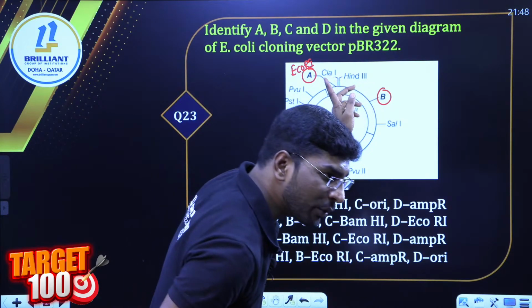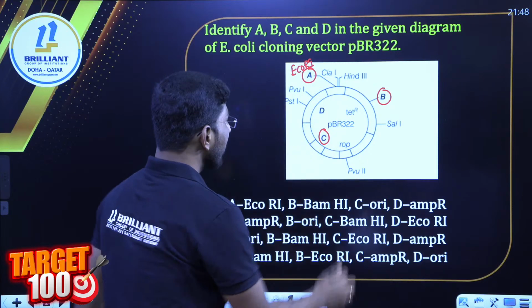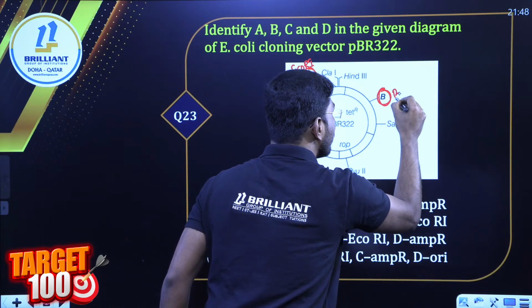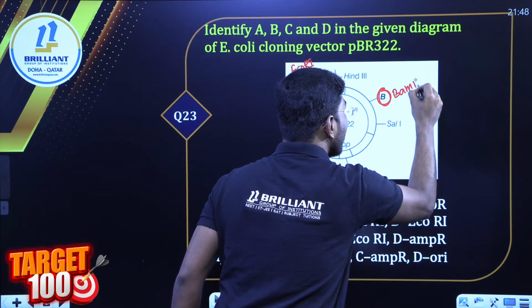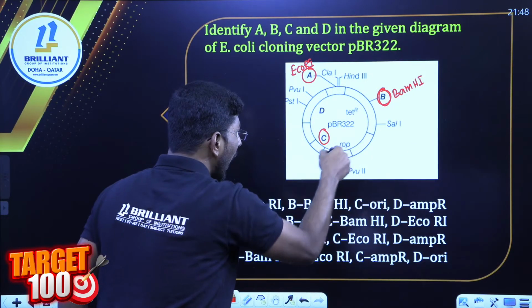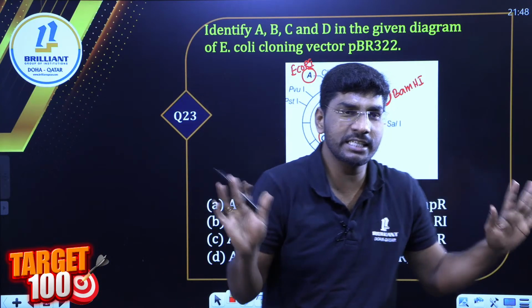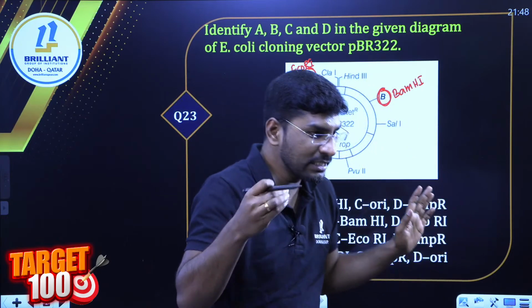Devananda, is it correct? Ganesh, yes. B, just now discussed here, along with SalI, BamHI, the BamHI restriction site. And what is C? Don't look at the options. Tell me what is C.